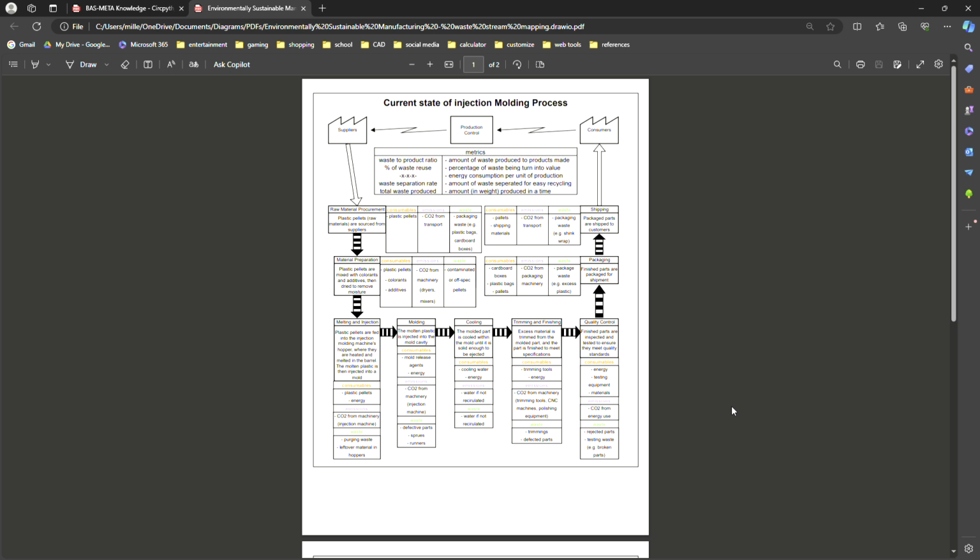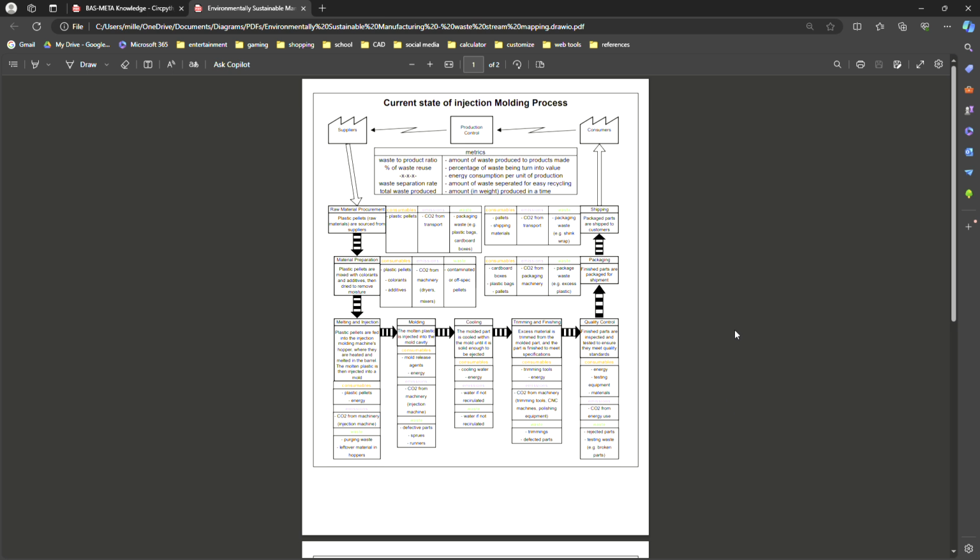And then energy consumed per unit of production. The next is waste separation, which is the amount of waste separated for easy recycling, which is kind of what it sounds like. And next is total waste production, which is the amount in weight produced in a time.